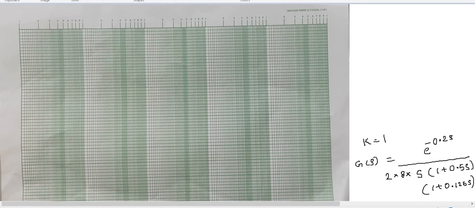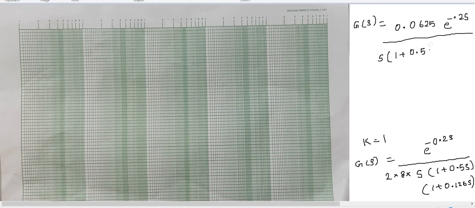When we rewrite the equation, 1 by 2 into 8 is 1 by 16. So G(s) will be 1 by 16, which we can write as 0.0625 e^(-0.2s) divided by s into (1 + 0.5s) into (1 + 0.125s).